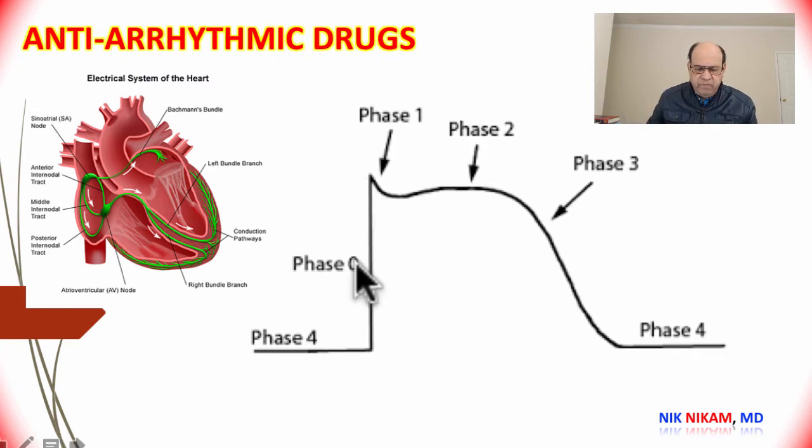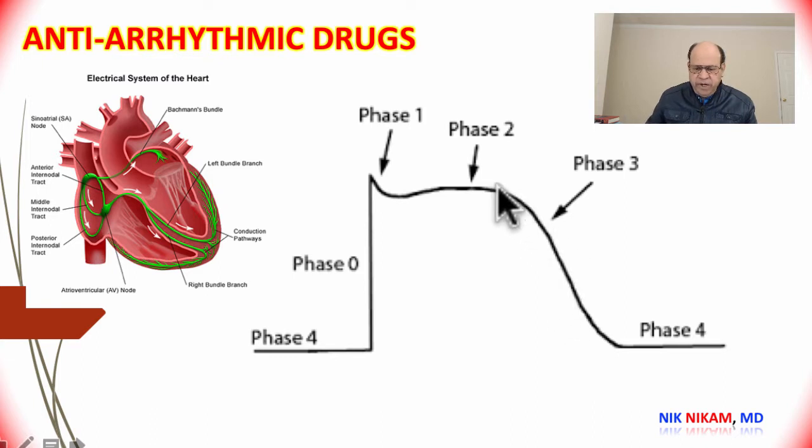Following phase 0, there is early repolarization, which accounts for phase 2, that is followed by the maintenance or a plateau, which represents phase 3 of the action potential of the myocyte.